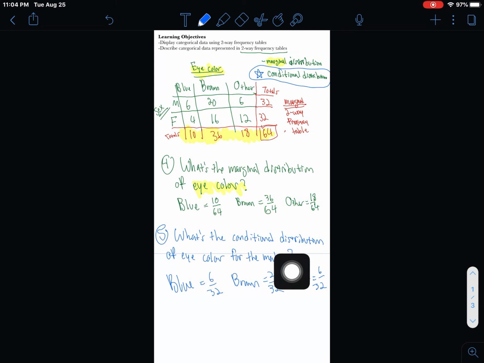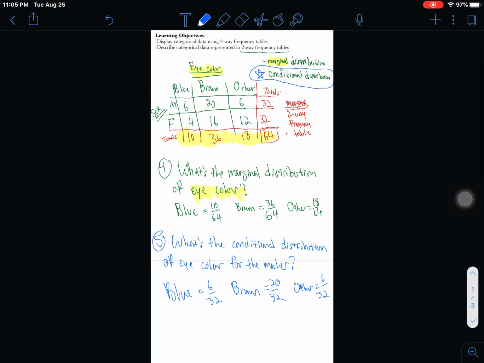So what you should notice is that the conditional distribution, the denominator, it's never going to be as big as the marginal distribution, because the conditional distribution is only one of the categories, where the marginal distribution hits every single category. All right, that covers this lesson.